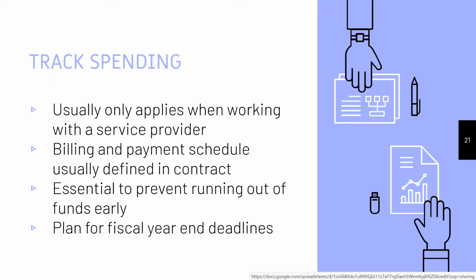But typically, if you don't include internal staff salaries and costs as budget, which some organizations will, and you're really talking about the amount of money that you're paying a service provider, it's important to make sure that you're on top of the cash, on top of the burn rate, as some people call it, which is the amount of money over time that you're depleting.